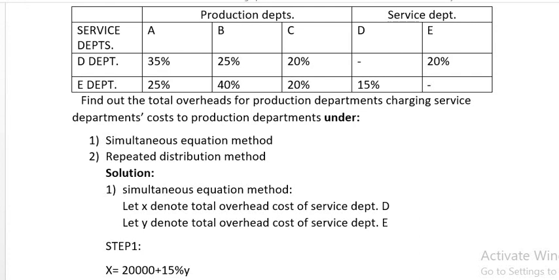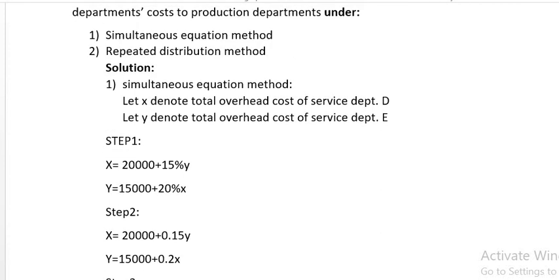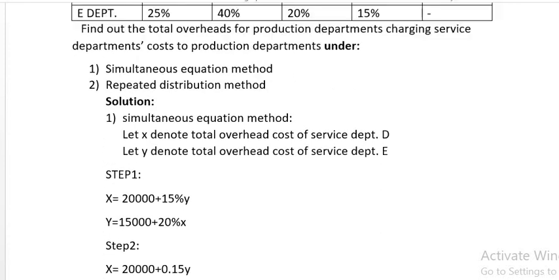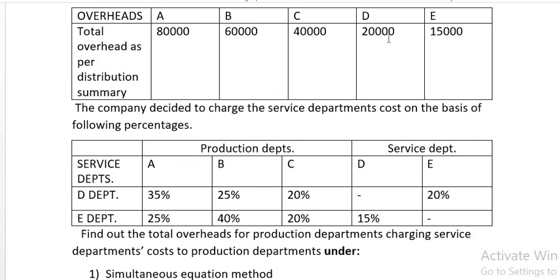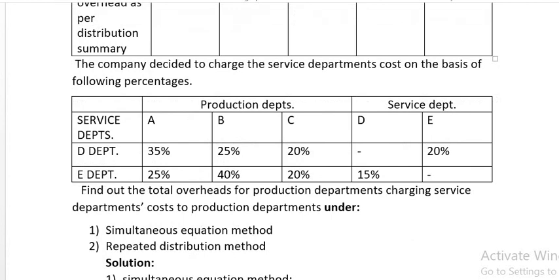So for the first step, step 1, total overhead cost of service department D. How much is the total overhead cost of the service department? It is 20,000.